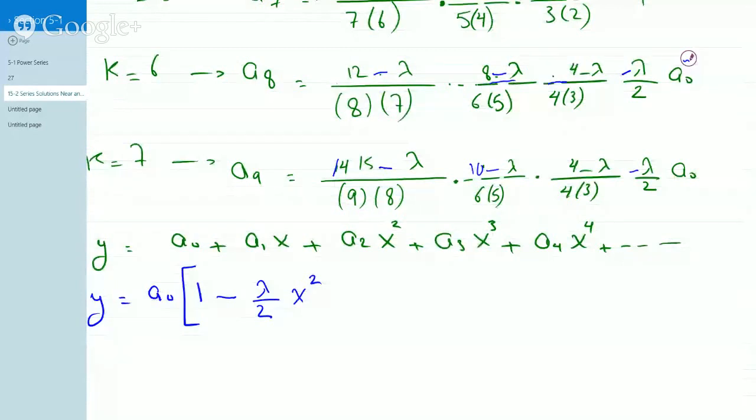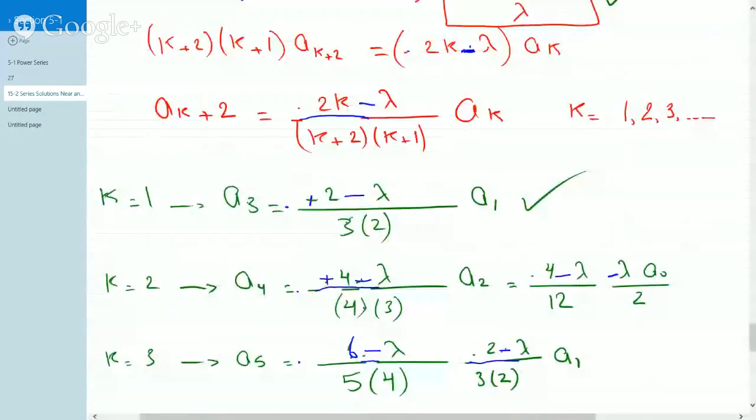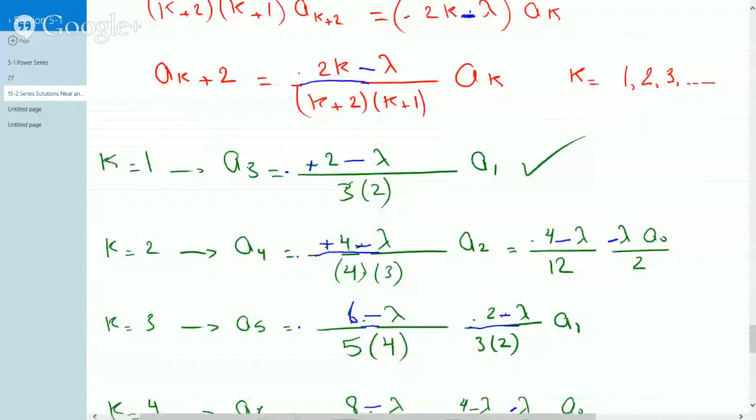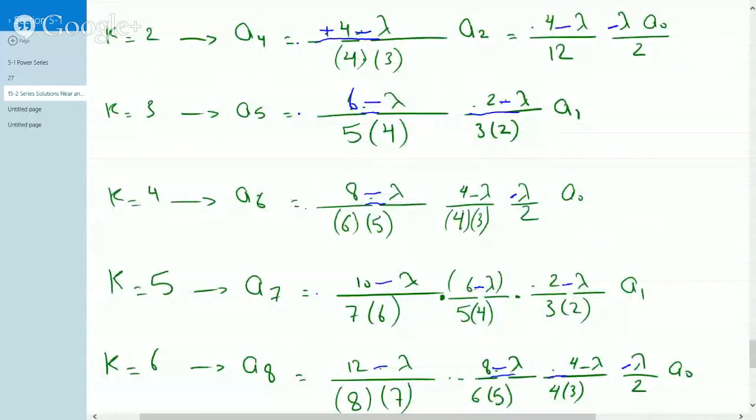Plus, now the second term that has a0 is the x to the fourth.